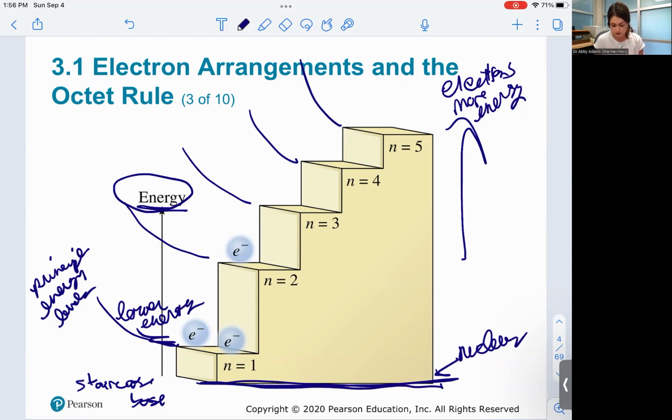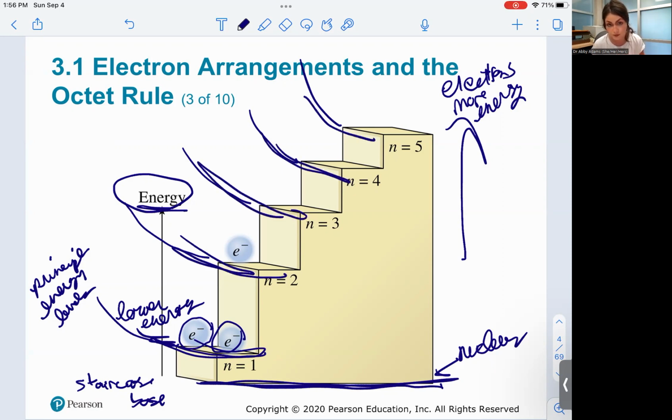On each one of these steps, these energy levels in the atom, only a certain number of electrons have room to sit. On this first level, you're only going to have 2 electrons. Then on another level, only a certain number of electrons are going to sit there, and so on for the 3rd, 4th, and 5th levels.